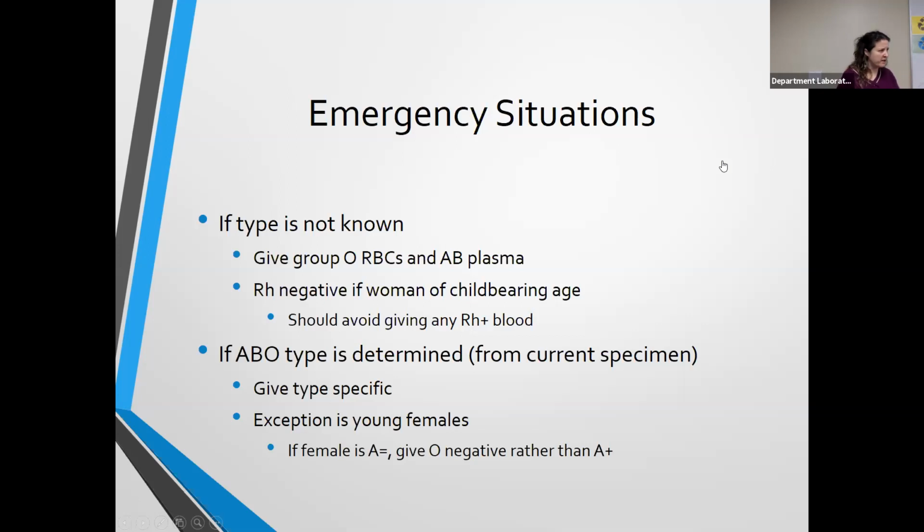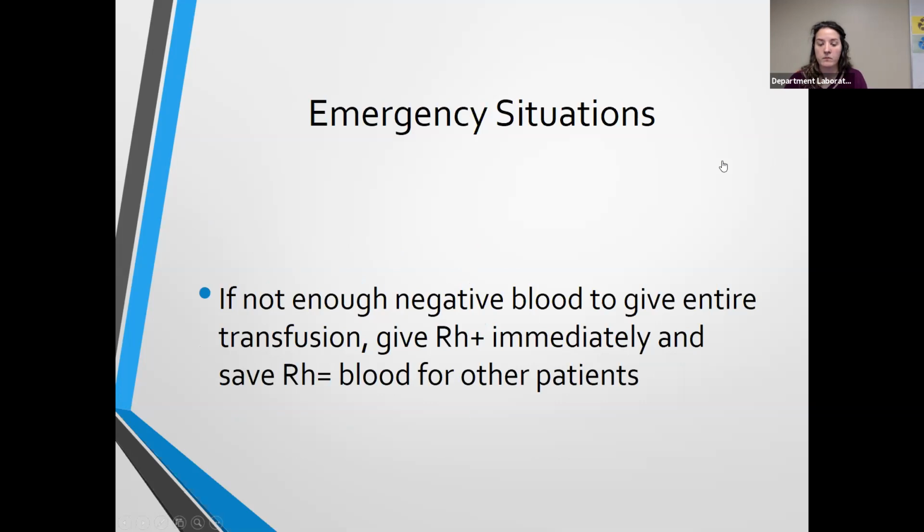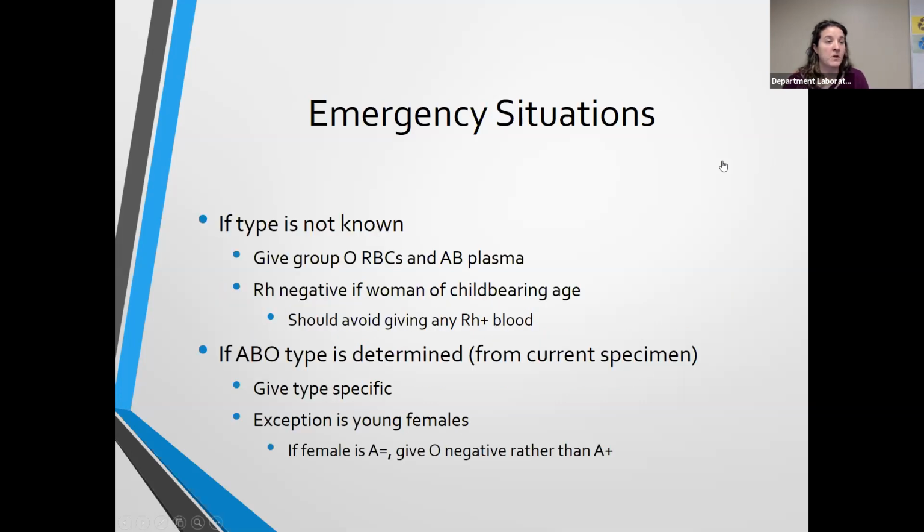Does that make sense to everybody? We have AB plasma. Yeah. And we will hoard it. So the only time we will ever give it is in a trauma situation or to an AB patient.